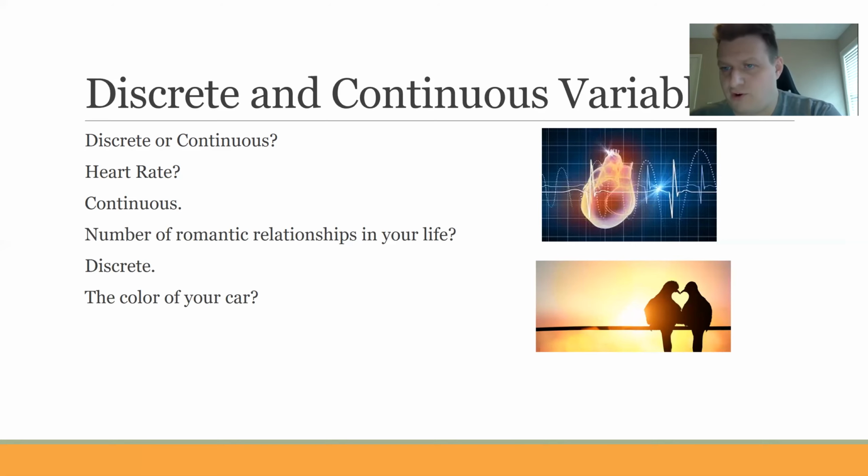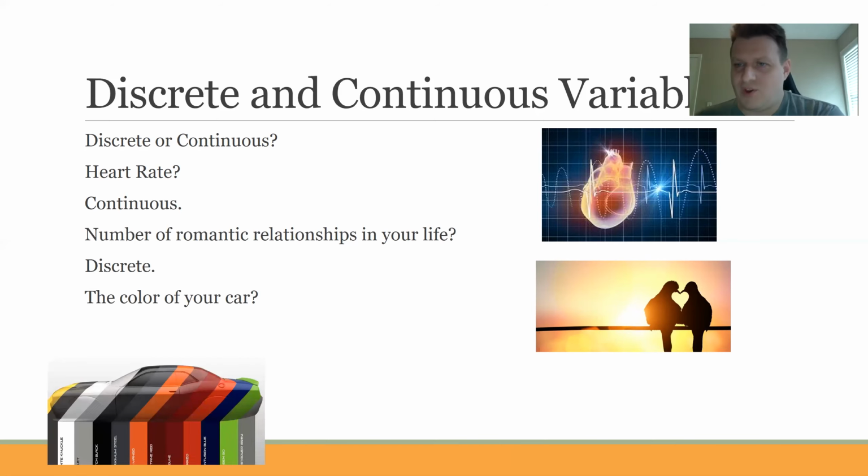How about the color of your car? Now this one is interesting, and I said it because I wanted to show you it's one of the conundrums of trying to break something down as only discrete or only continuous. Now we might say the color of your car is discrete. So it's either going to be green, black, white, red, all the different colors. There's only a limited number of colors that we have words for.